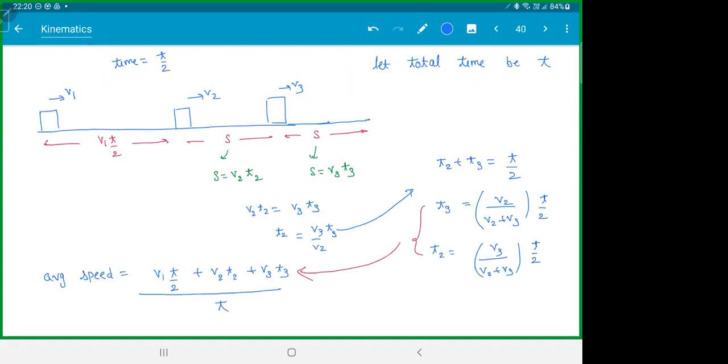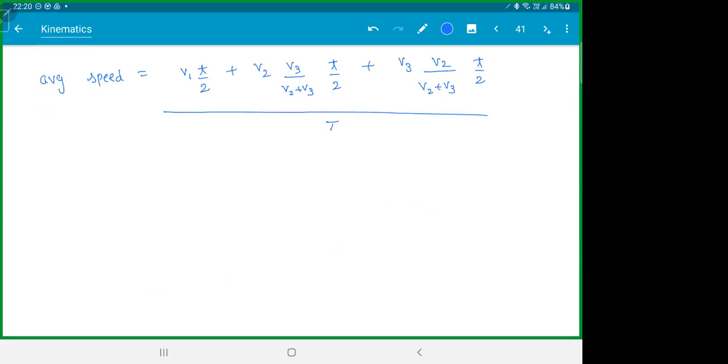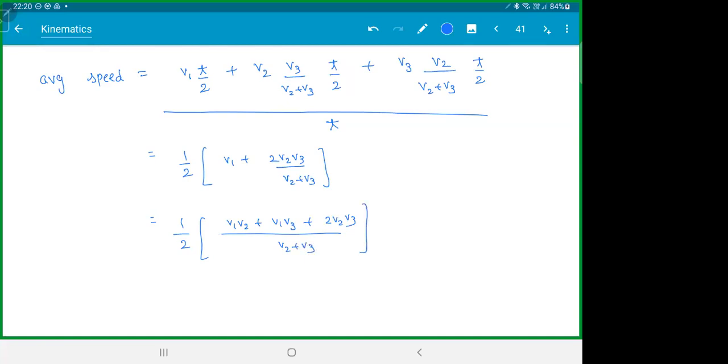I hope I'm right. Yeah. By overall t. Did you see t gets cancelled everywhere? And you're left with, take out that half common. You get v1 plus v2 v3 by v2 plus v3, and that also v2 v3, so that will be 2 times. So just cross multiply. You end up with v1 v2 plus v1 v3 plus 2 v2 v3 by v2 plus v3. That's your answer, everyone. Do check.